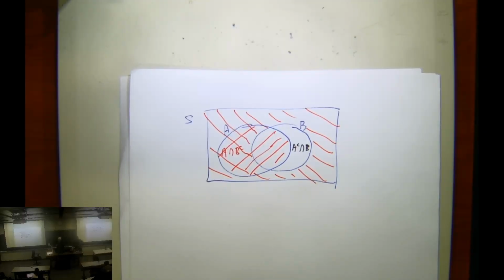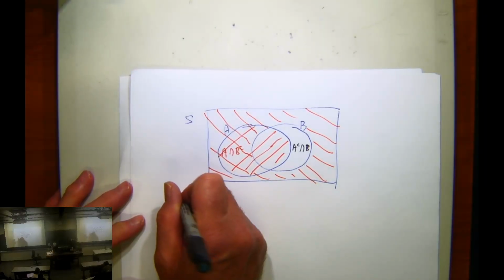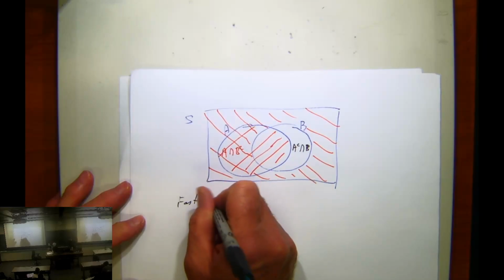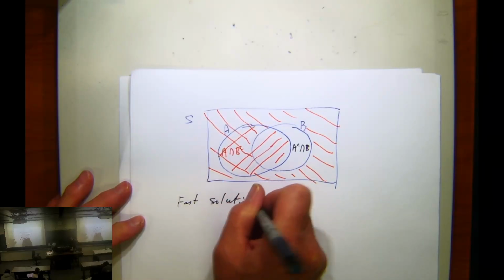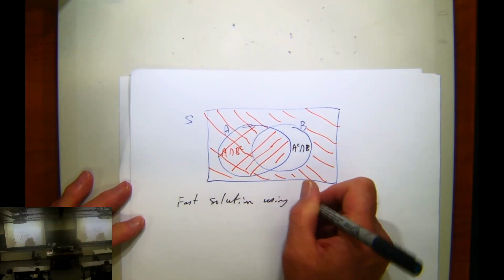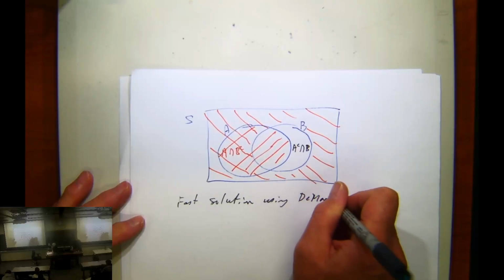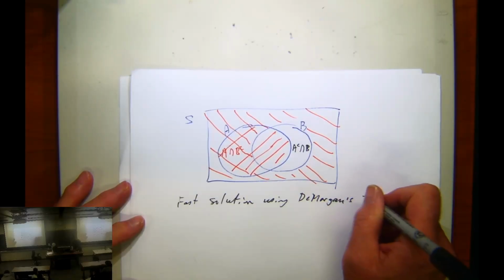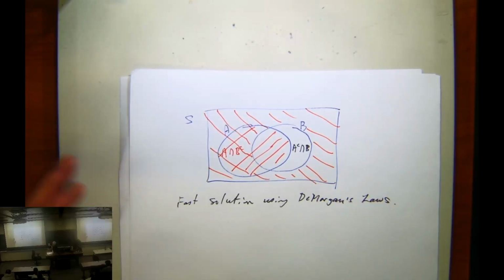Now, let's give you a quicker solution. Who likes quick solutions? Anybody in favor of quick solutions? So there's a trick we haven't told you before, because we kind of leave it up to see if you discover it on your own. There's something called De Morgan's laws.